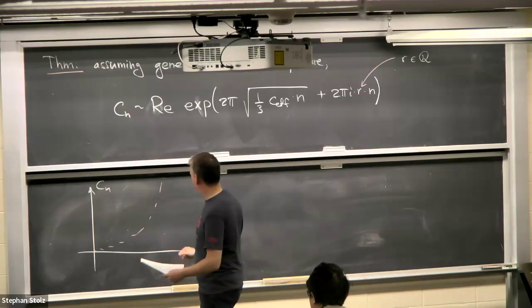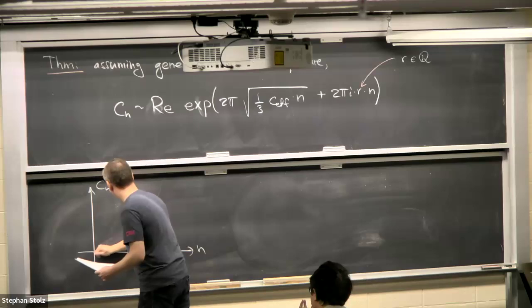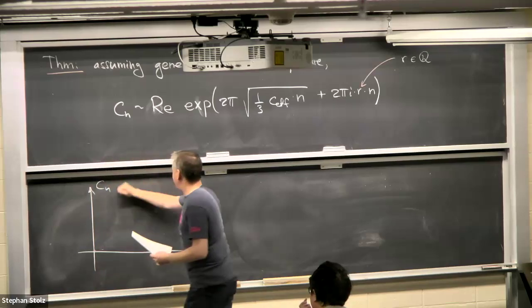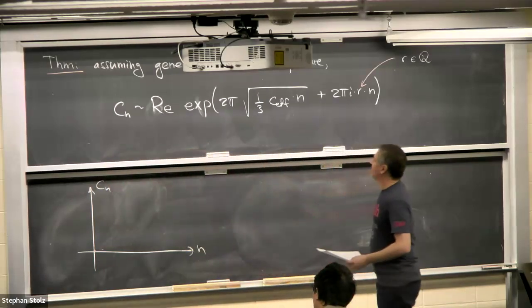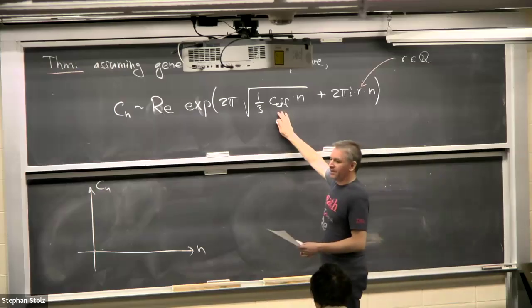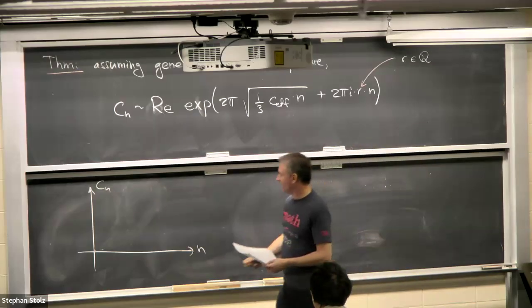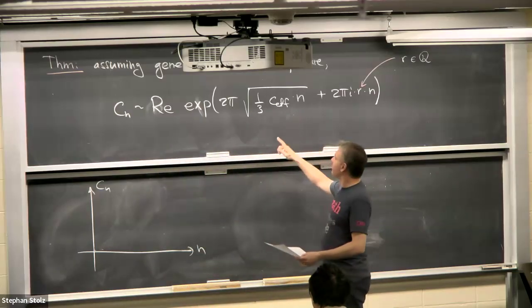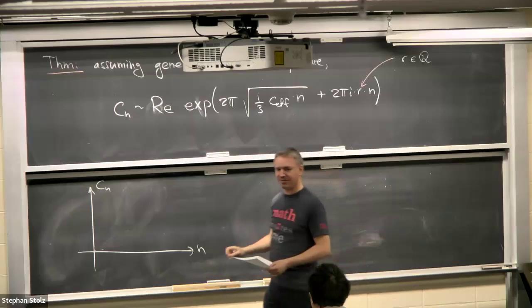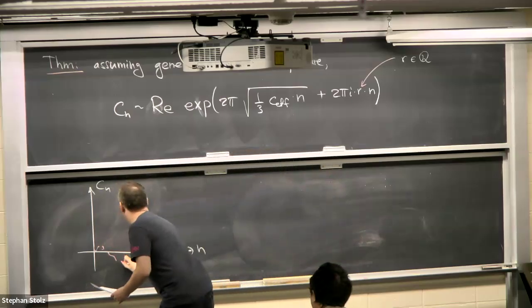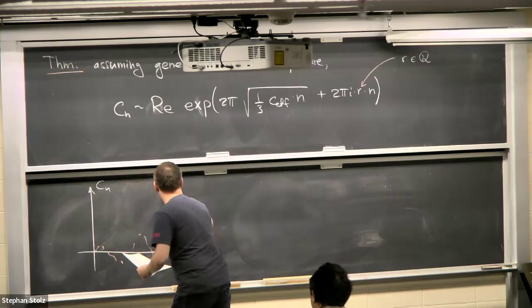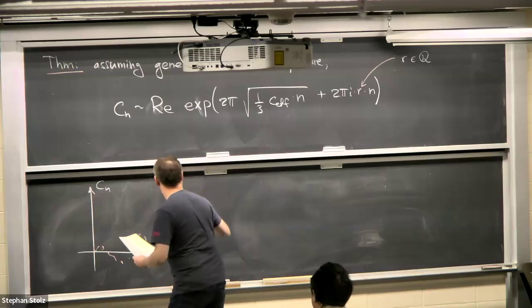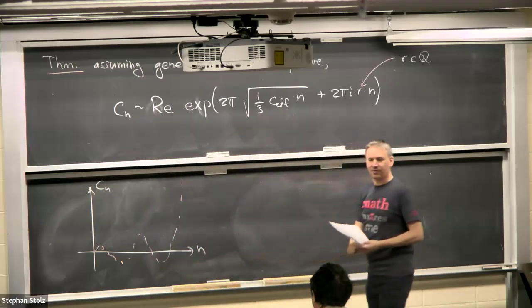It's exponential square root of n. Here, what you would see instead, at least generically, is that because this is complex, there are oscillations. So yes, there is in absolute value growth of exponential of square root of n, but there will be all kinds of oscillations controlled by the imaginary part of this constant.